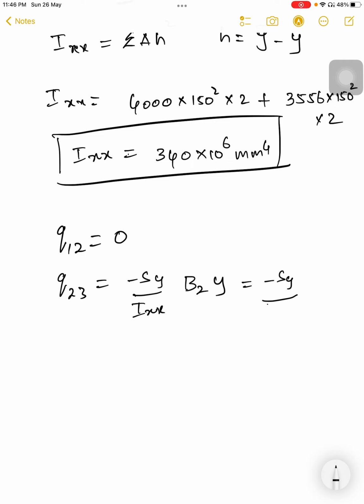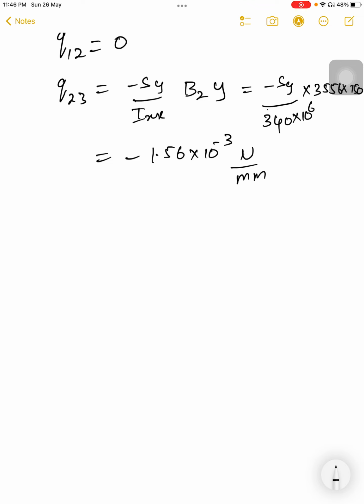Ixx is 340 into 10 to the power 6, into B2 is 3556, into y is 150. On resolving, you will get minus 1.56 into 10 power minus 3 Newton per mm.